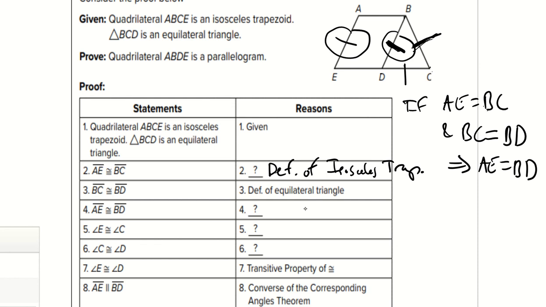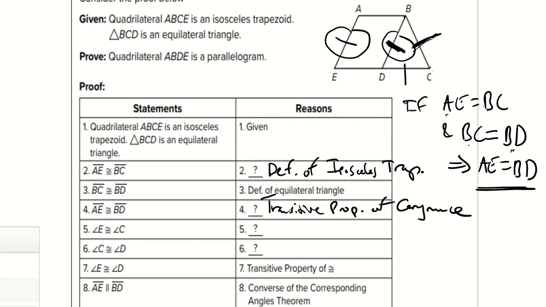If AE equals BC, BC equals BD, then AE equals BD. That's called the transitive property. It's the transitive property of congruence. It's called congruence because we're dealing with congruent symbols. All right, so that takes care of that one.